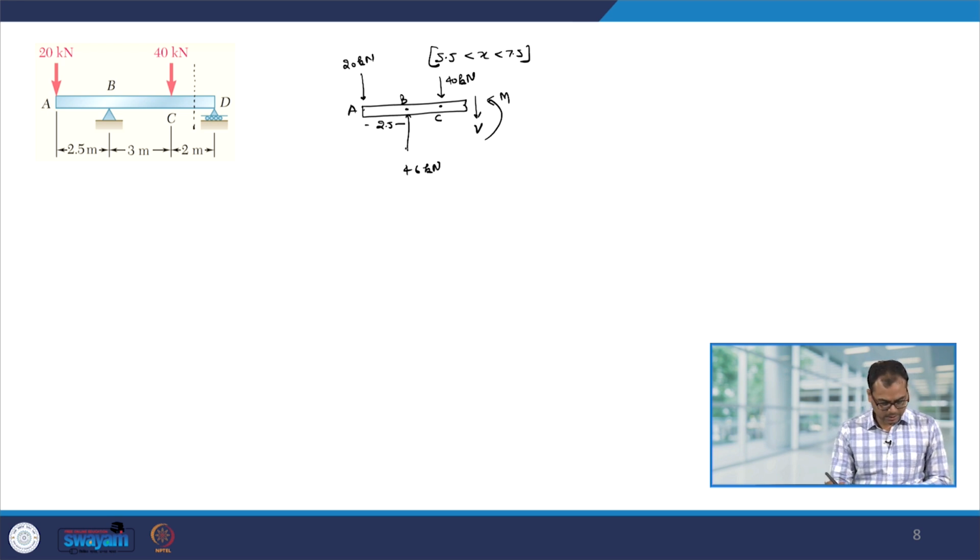This length is 3 meter and this is, let us say, x.